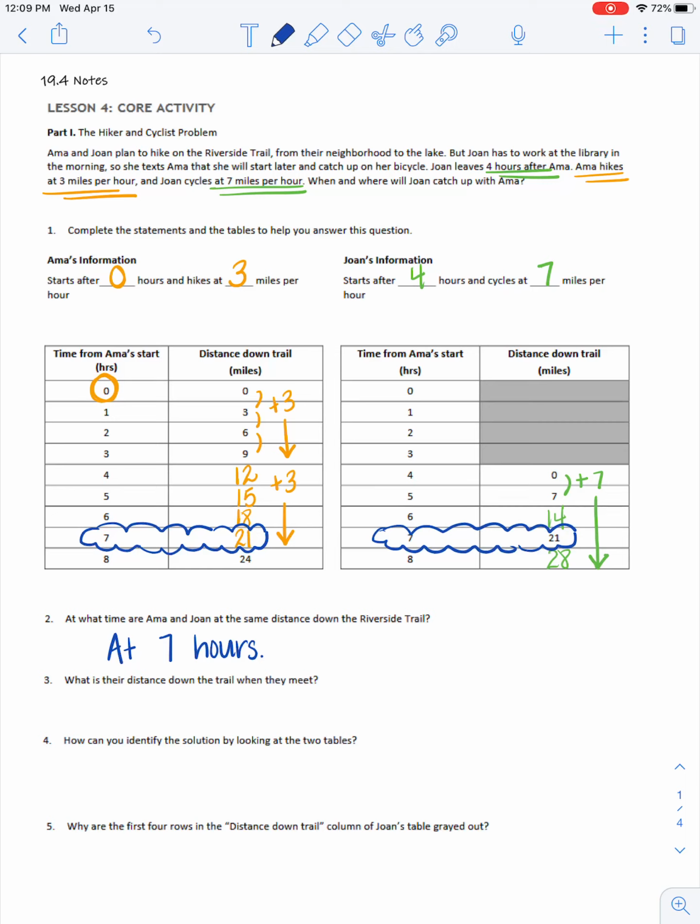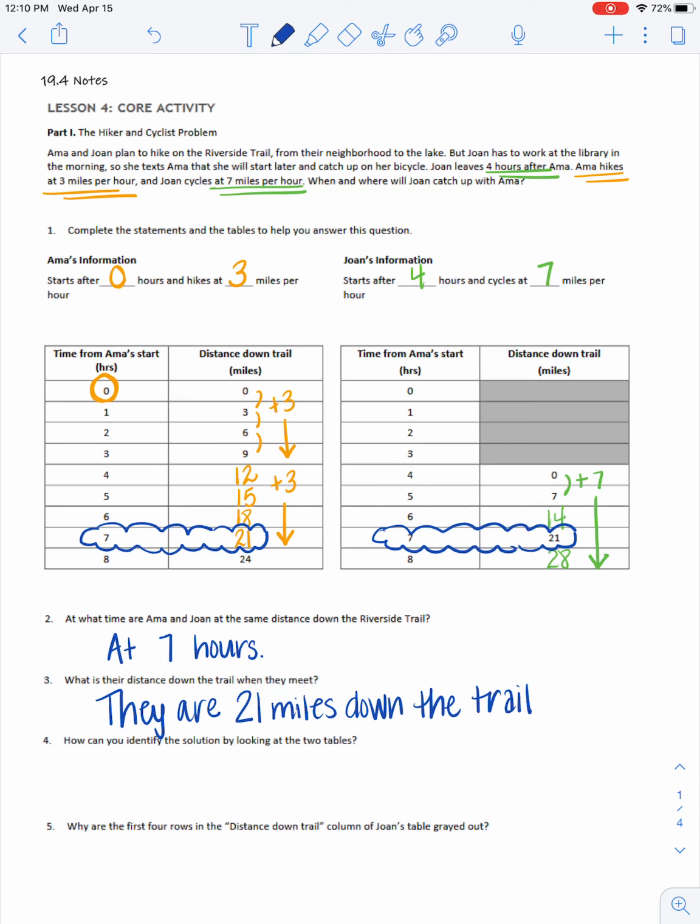The next question is asking us what their distance is when they meet. So the distance refers to the y value, which is 21 miles. So they're 21 miles down the trail. Okay. How can you identify the solution by looking at the two tables?